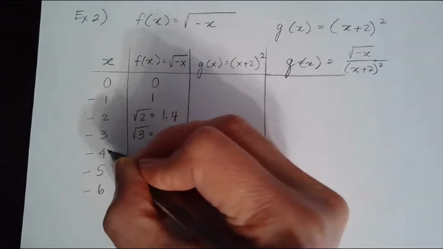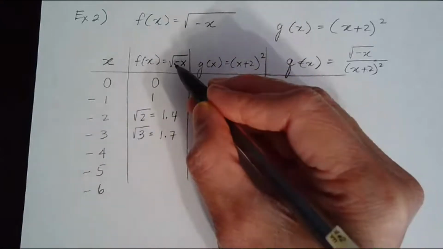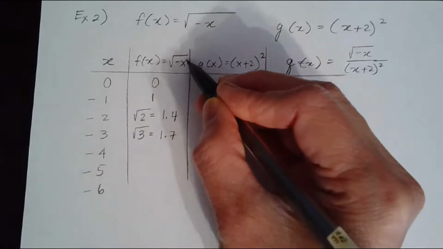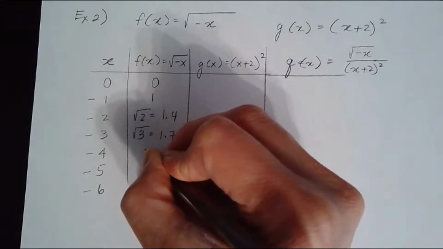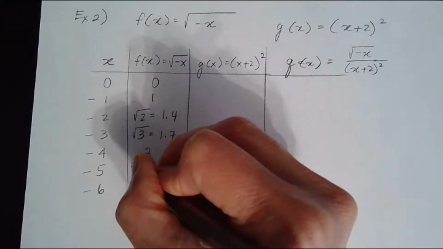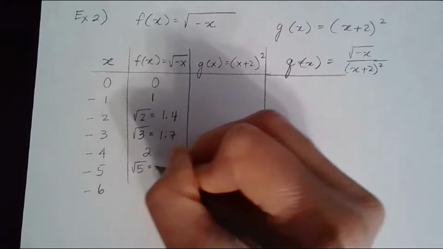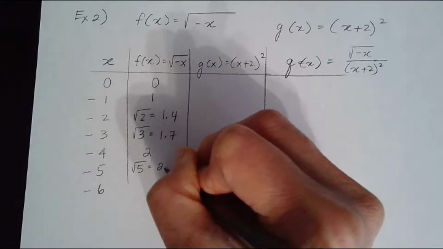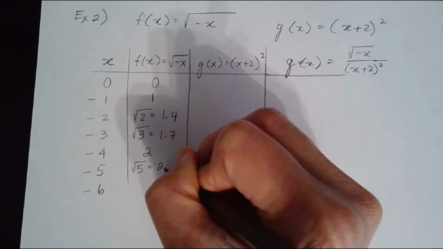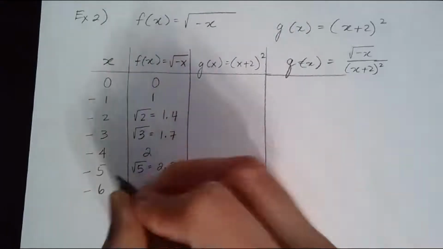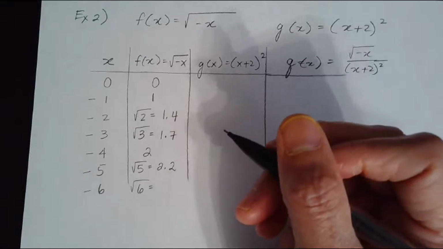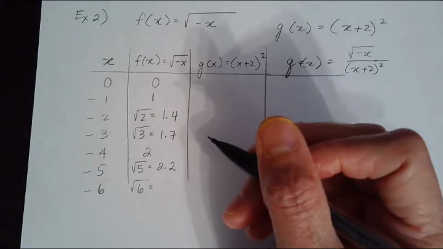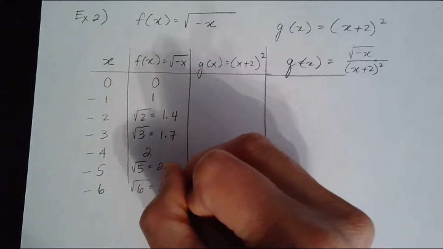Then if x is negative 4, we put negative times negative 4, which is positive 4. The square root of that is exactly 2. And then this is the square root of 5, which is 2.2. And the square root of 6 would be 2.4.